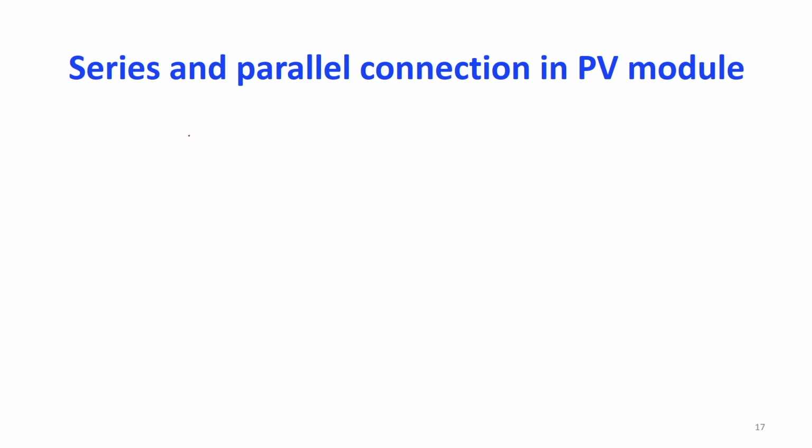The same thing, if we have to connect the modules in series, say for example, if we give some scale, so this is 0, this is 0.3, this may be 0.6, maybe we have 0.9 here, then 1.2, then 1.5, then 1.8, and maybe this is 3, then we have 6, 9, and this is current.